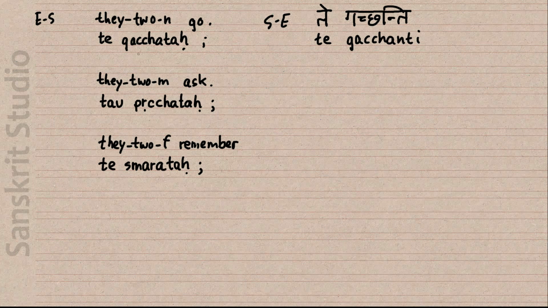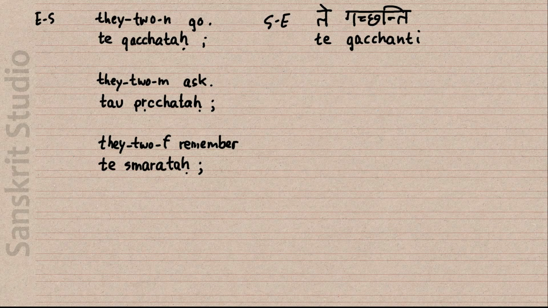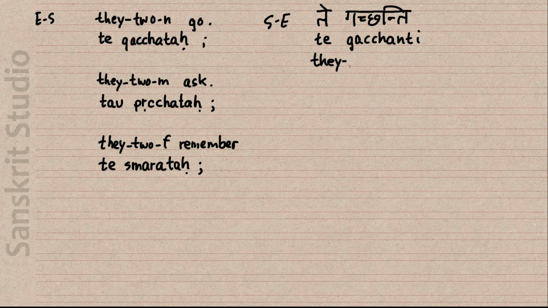Because the problem here with this word te is that it occurs not only in the neuter and the feminine dual, but it occurs also in the plural. So this is then "they all (masculine) go. They all go."